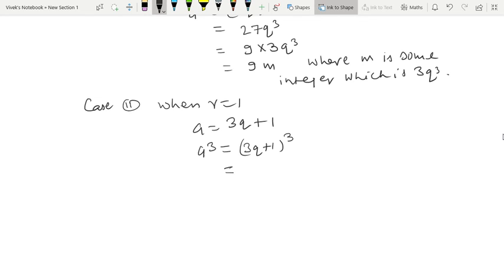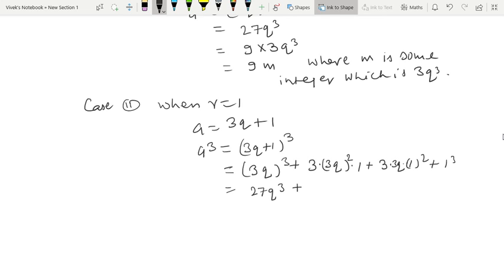So we have 3q the whole cube plus 3 into 3q the whole square into 1 plus 3 into 3q into 1 square plus 1 cube, right? So here we have 27q cube plus 27q square plus 9q plus 1, right?